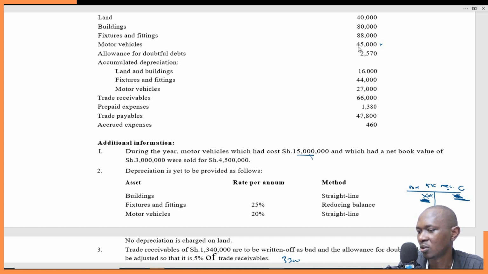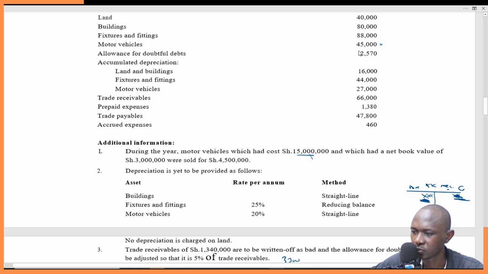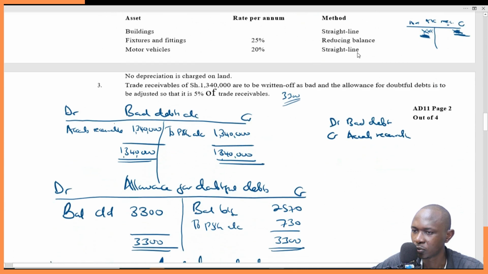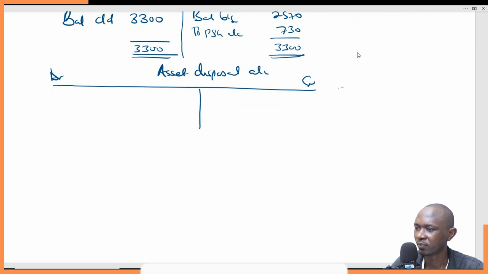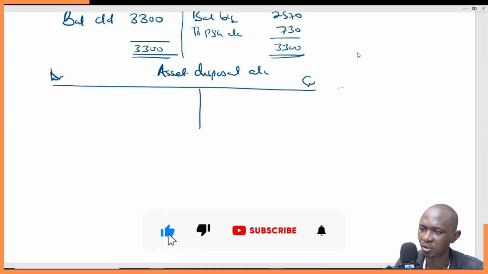It's this that was sold. So during the year, a motor vehicle which had cost 15 million and which had a net book value of 3 million was sold for 4.5. So we are supposed to come up with the asset disposal account. So let's look at that asset disposal account.